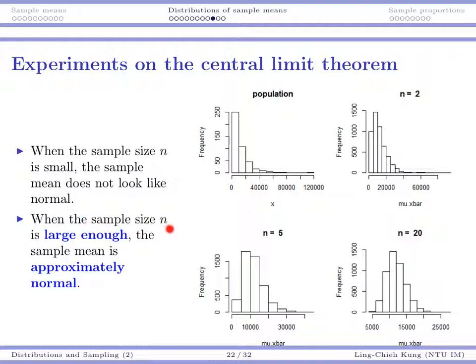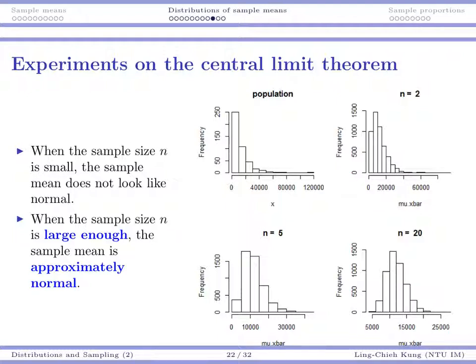So when the sample size n is large enough, the sample mean is approximately normal. And when n becomes larger, the distribution of the sample mean becomes more and more like a normal distribution. That's the point here. When you have a non-normal population, but your sample size is large, then your sample mean would still be close to its midpoint and following a normal distribution.